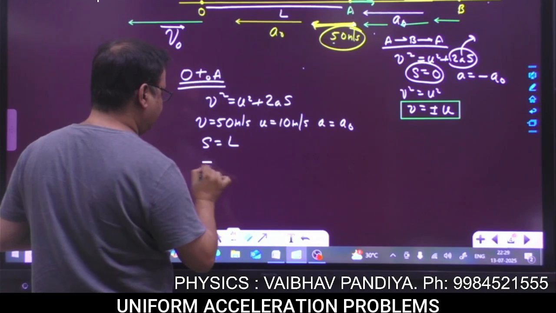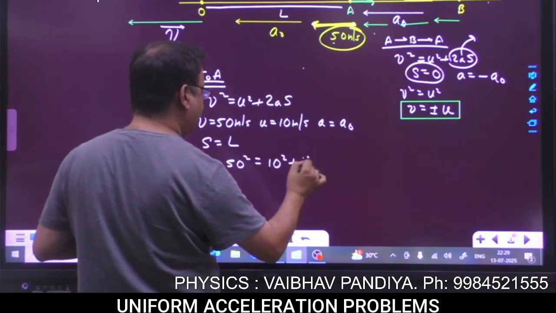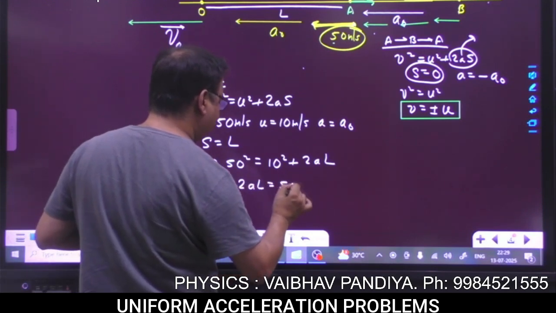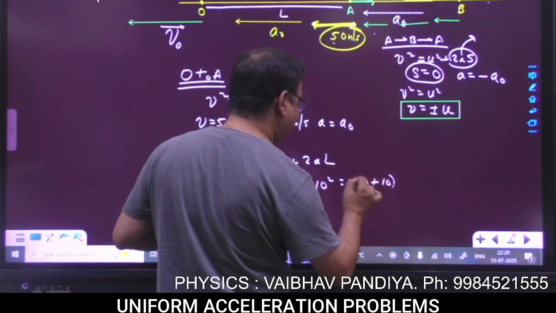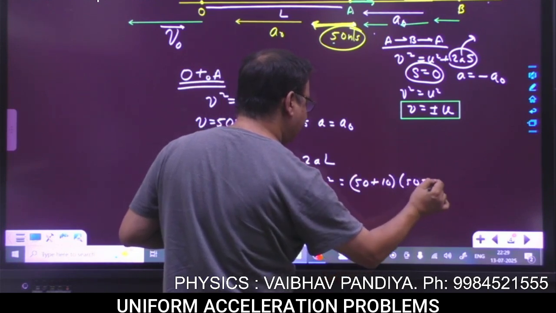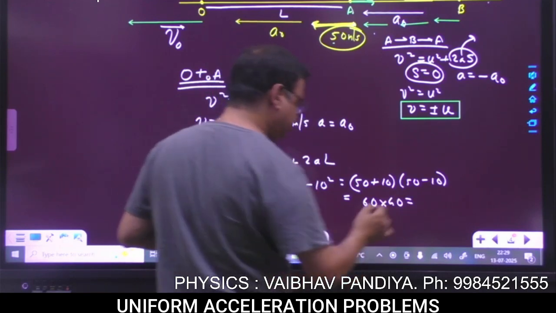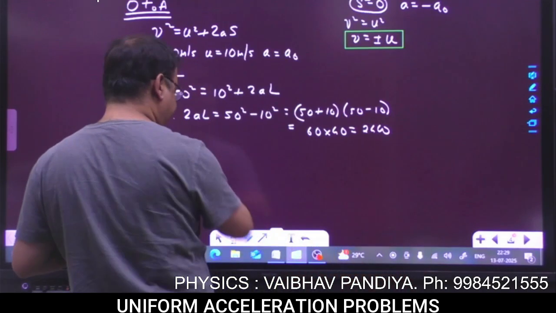Plus L. So I'll get 50 square is 10 square plus 2AL, correct? So therefore the value of 2AL comes to be 50 square minus 10 square, that is 50 plus 10 into 50 minus 10, which is 60 multiplied by 40. So I'll get 2400.